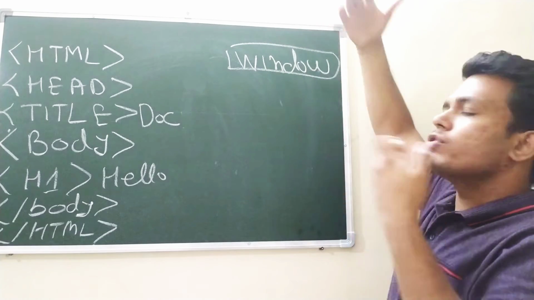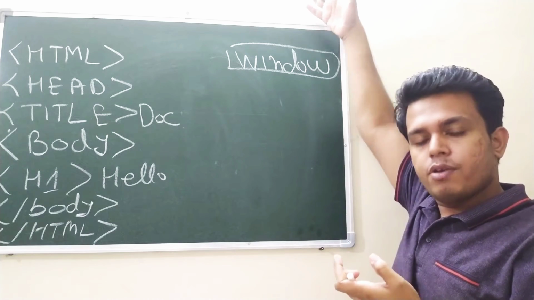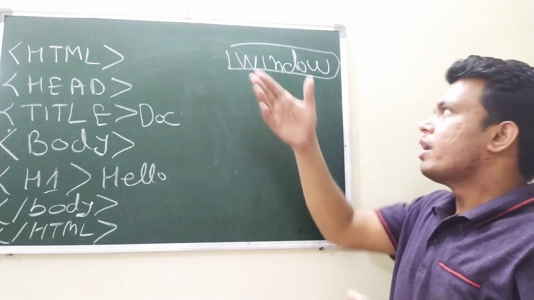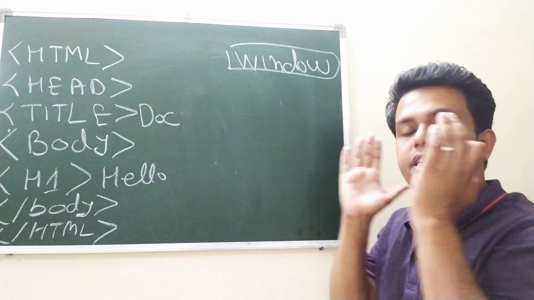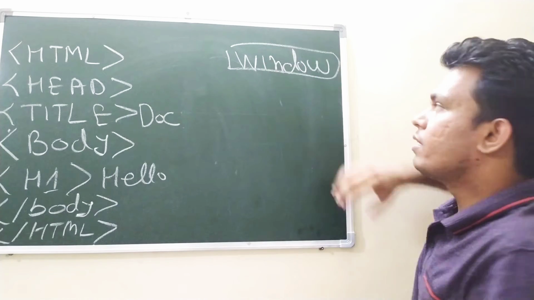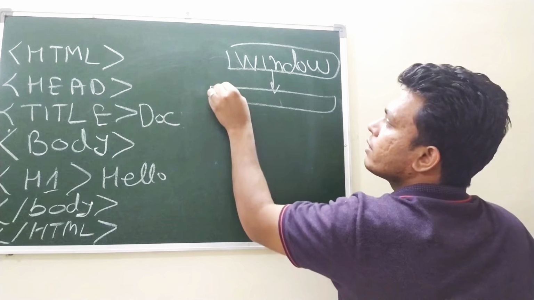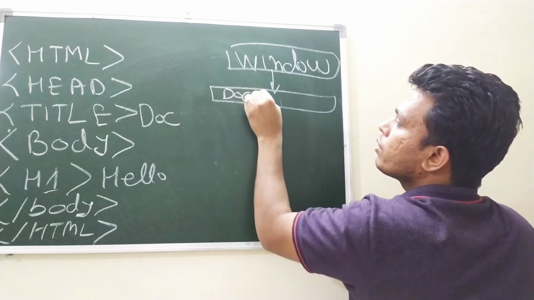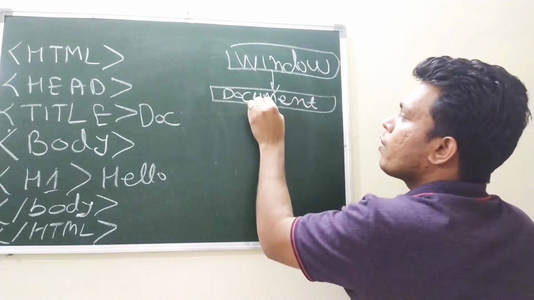Above the window, we have the navigator also, which is actually the browser, which provides this functionality to us. In the browser, we are opening a window. Whatever data you see in the window, that is not the window itself. In the window, we have document. In a document, what do we have?